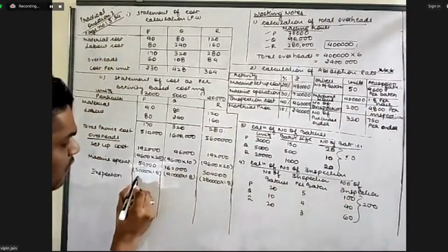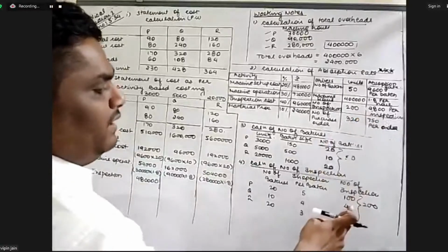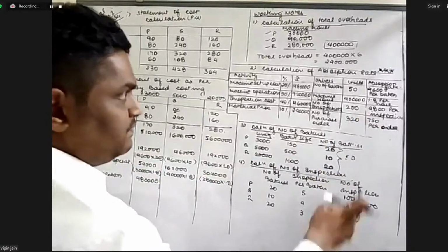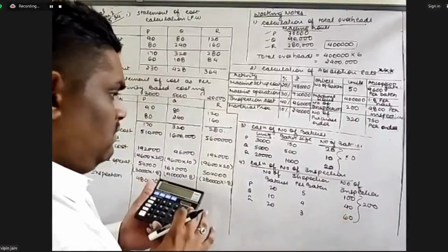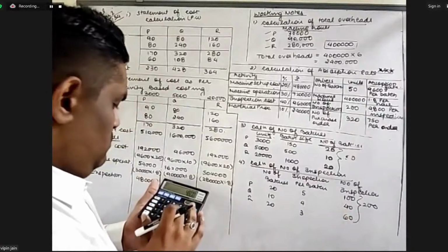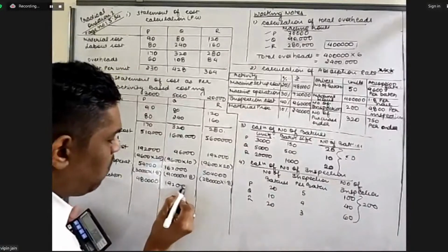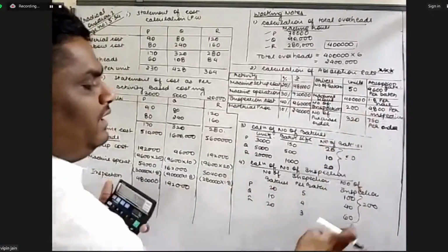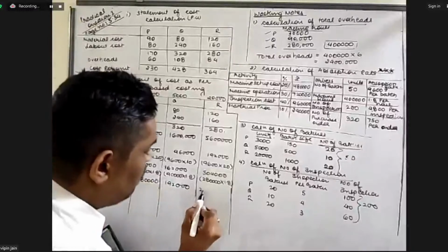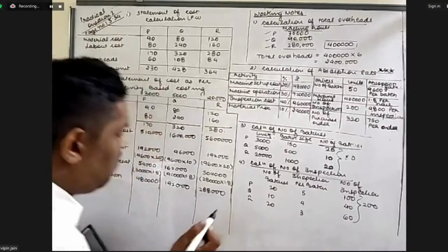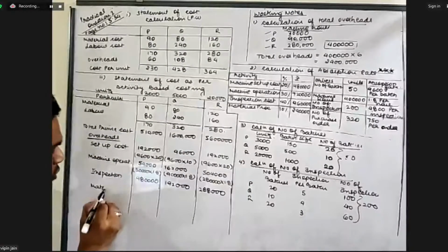So this will be... 4,800 into 40. Next is 4,800 into 60. Similarly, you can calculate the material procurement cost also.